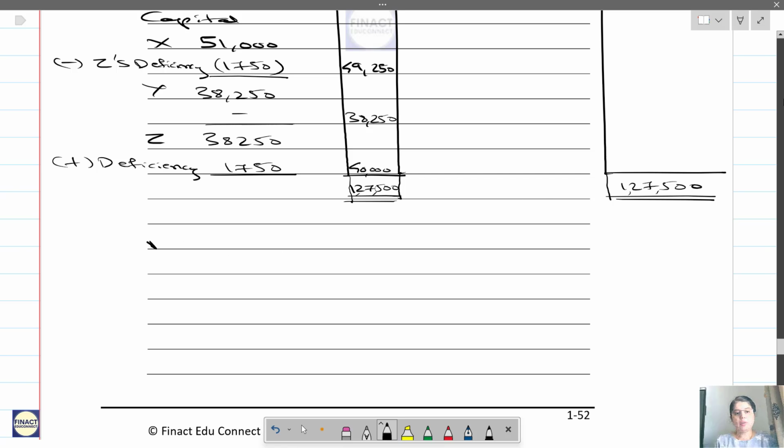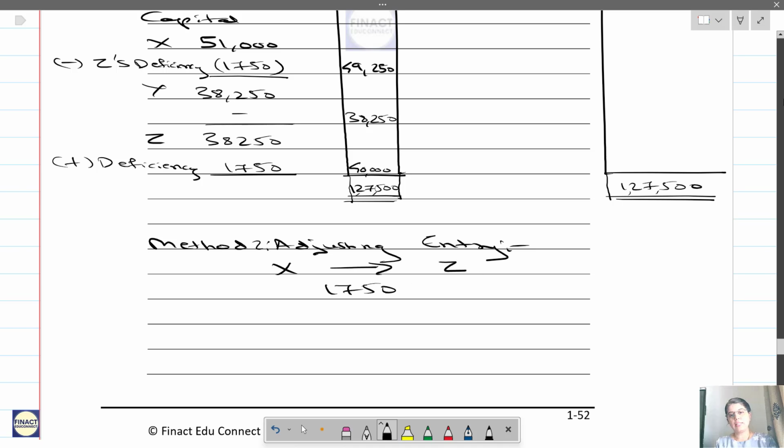Now we will do it with method 2 also, the adjusting entry. Okay, so method 2 is the adjusting entry. So what is the adjusting entry here? X is giving to Z 1750. So in an adjusting entry, what do we assume?